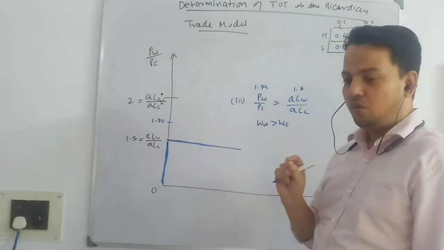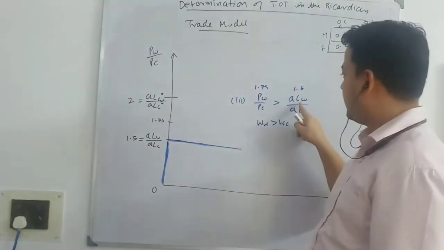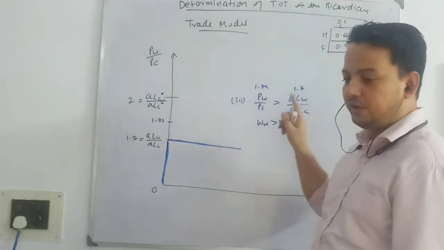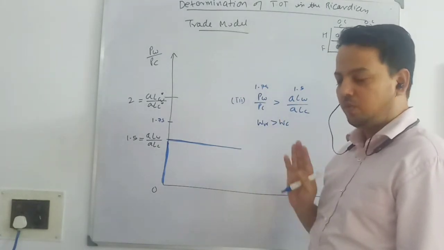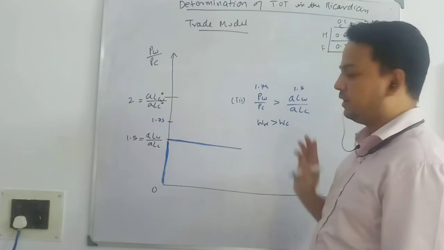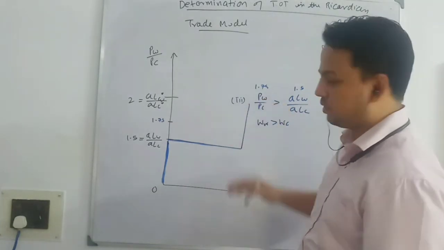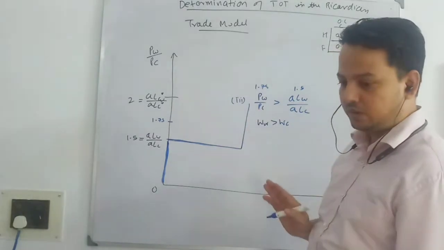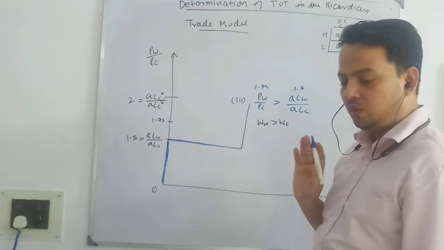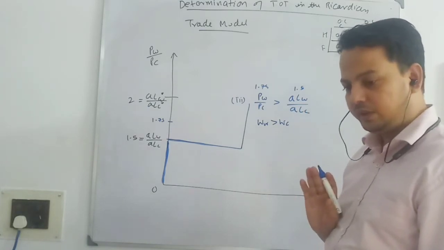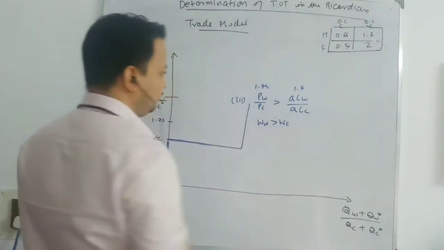So when the terms of trade are greater than the opportunity cost of producing wine in the home country, home will specialize in the production of wine. You can see 1.75 is greater than 1.5. So this will be vertical. In the vertical line, home will specialize in the production of only wine. This is clear to everyone?